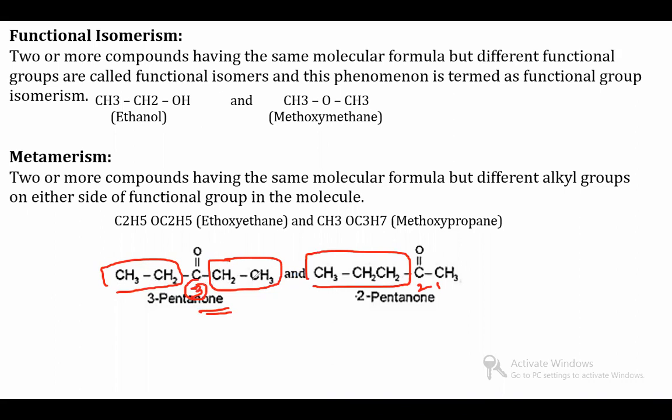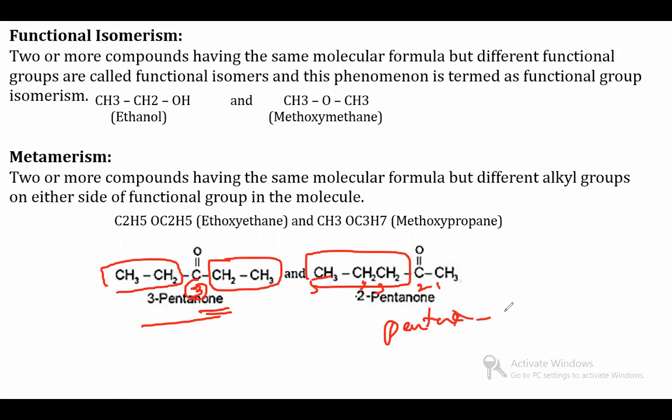So 3, 5 carbons, 1, 2, 3, 4, 5, pentane. The E is replaced by the suffix, that is the primary suffix, which we consider major. That is C double bond O, that is ketone. 3-pentanone. The second one, 1, 2, 3, 4, 5, 5 carbons, pentane.